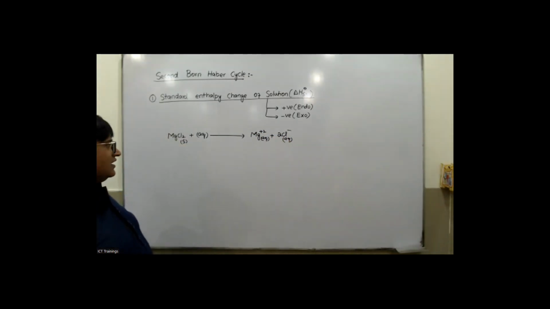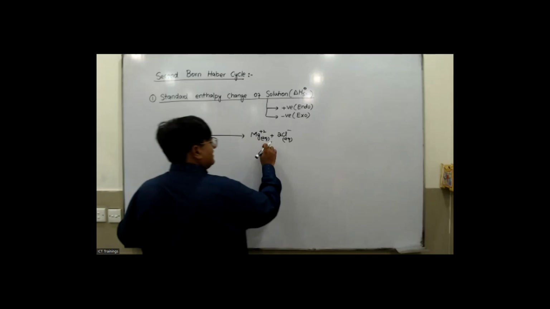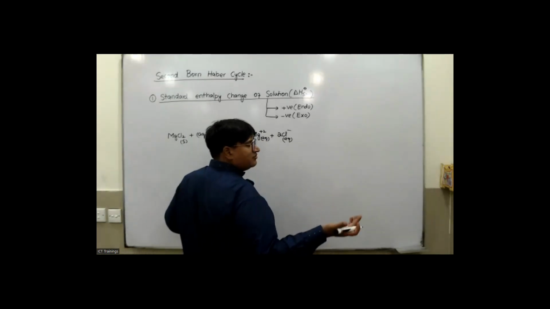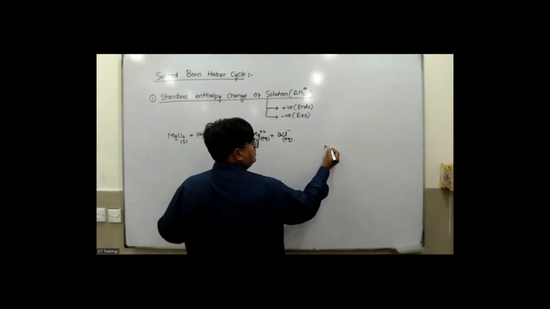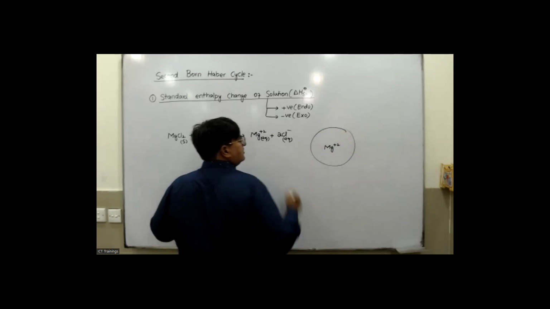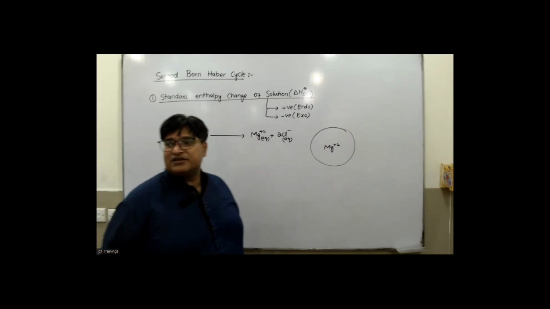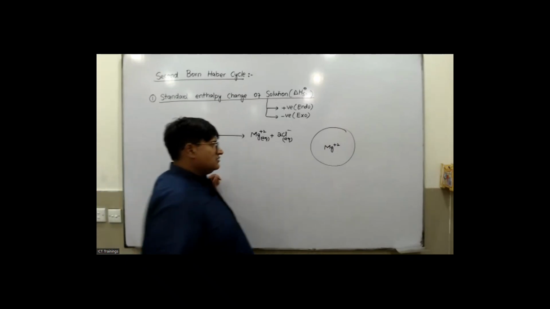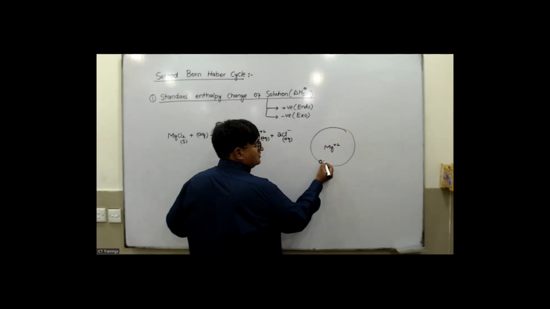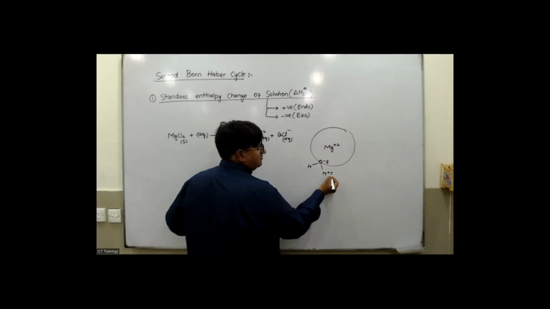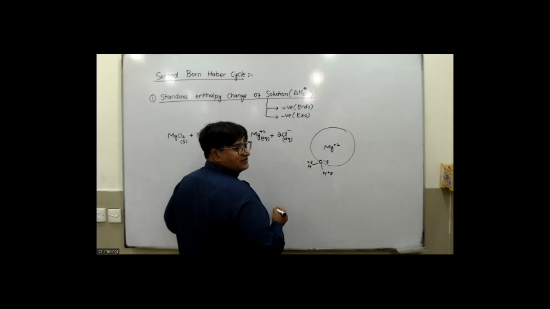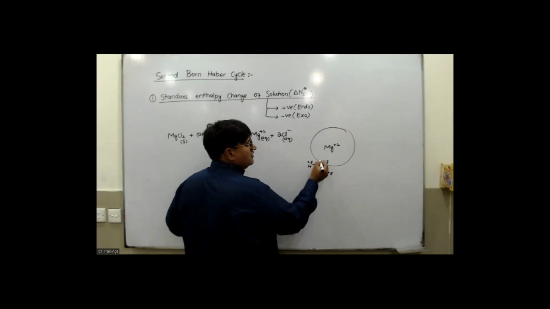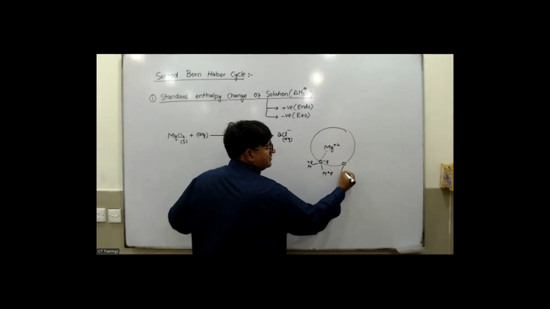Okay. What is meant by this aqueous ion? You people have studied it in your A1s. Mg plus 2, this is a positive ion. You people know that water is a polar solvent. The oxygen of the water is partial negative, whereas the hydrogen is partial positive. So the partial negative oxygen of the water is going to attract this positive ion from all the sides.